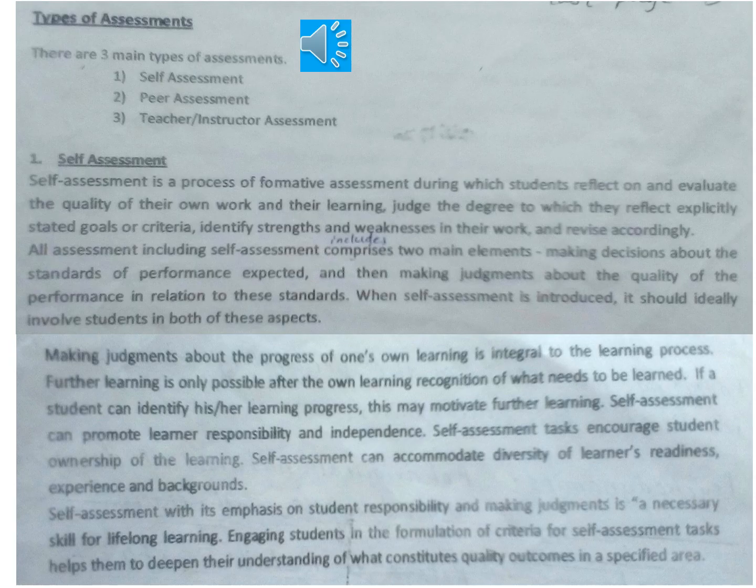Then what are the limitations in self-assessment? The child may not know the exact level of the weaknesses, or in the first place the child may not know the weaknesses. He may not be able to identify the weaknesses or the strengths, and the degree or level of the weakness.